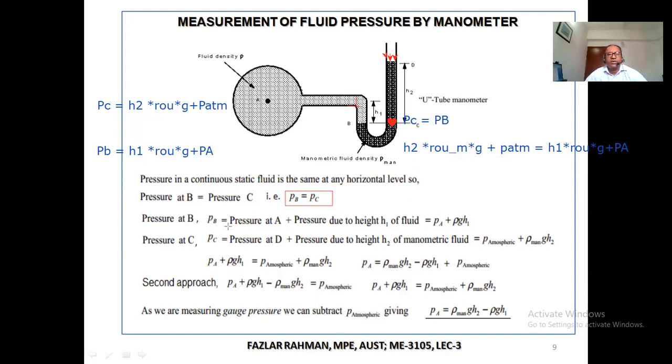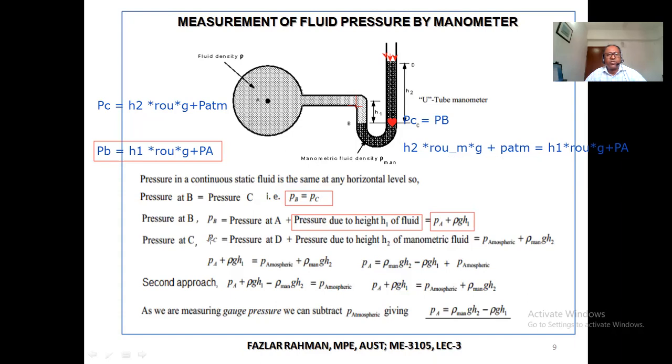Then PB equals pressure at A plus pressure due to the height of the fluid. That becomes PA plus rho G H1. That we did right over here.